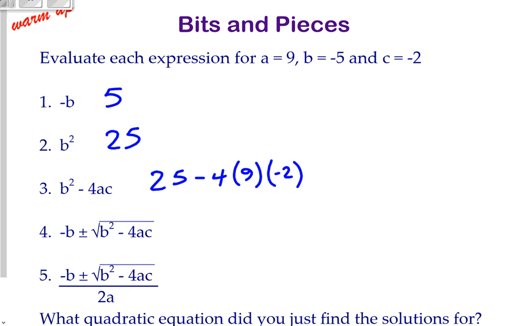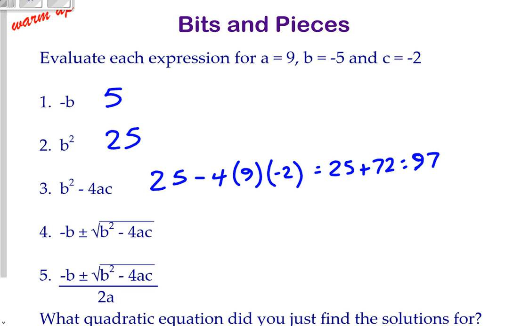If you think about it as a -4 times a -2, that becomes a +8. So 4 times 2 is 8. 8 times 9 is 72. So what you end up with is 25 plus 72, which is 99. No, sorry, 97. So that means the number under the square root in this case will be 97.